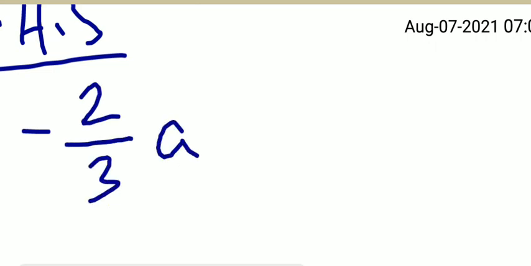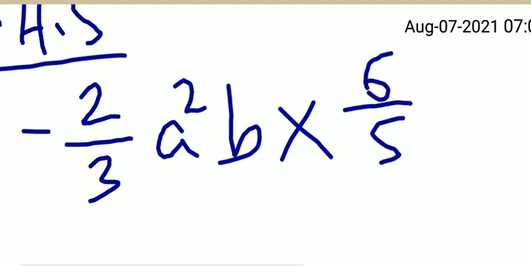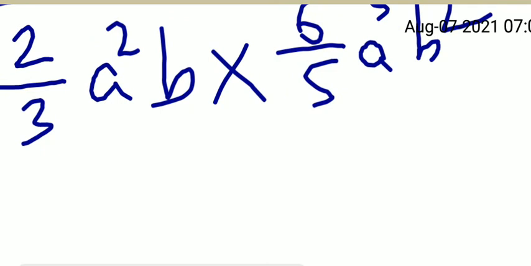So now first write the question: minus 2 by 3 a square b into 6 by 5 a cube b square. Just put the value.